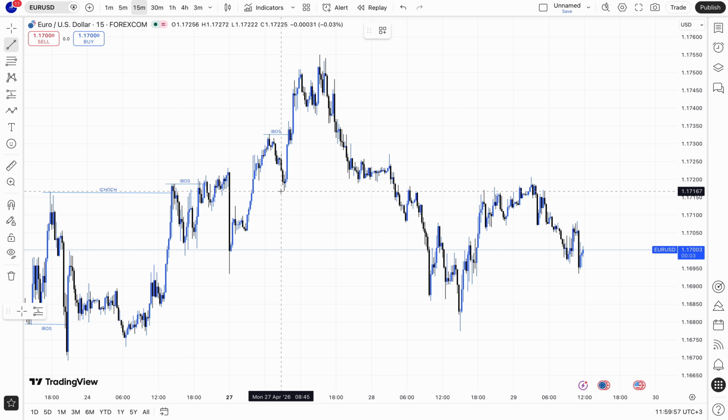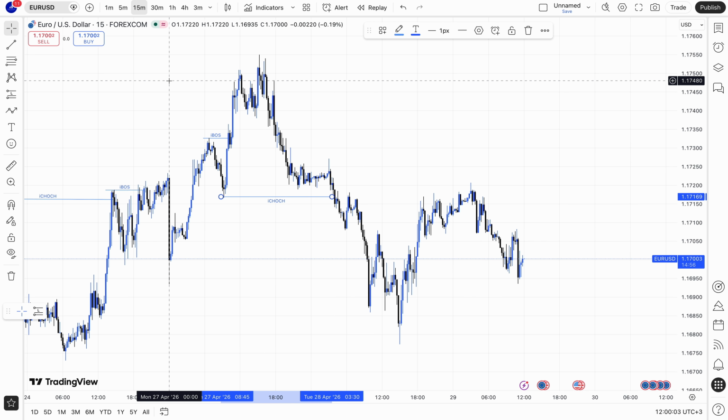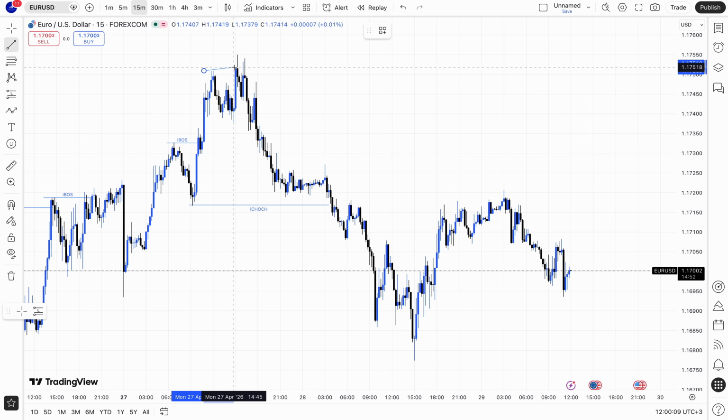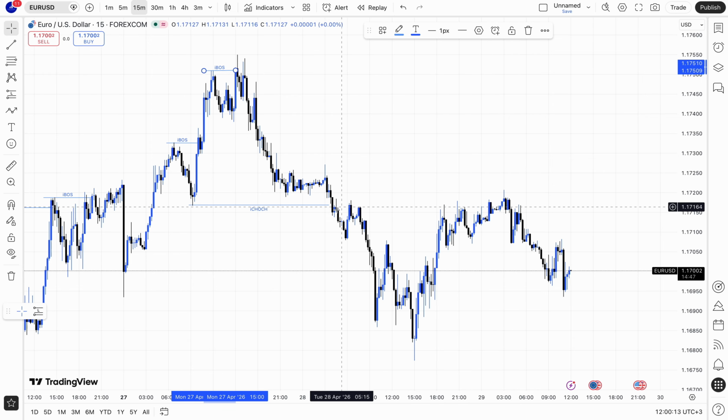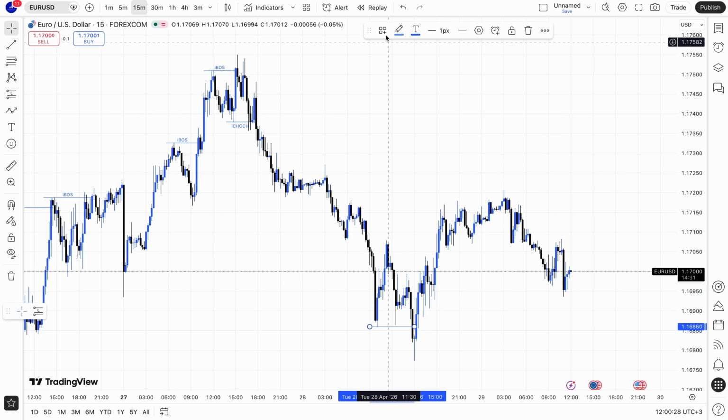Then we had our change of character from here. Here we had a break of structure to the upside continuation. And this was our change of character to the downside and the break of structure to the downside continuation.